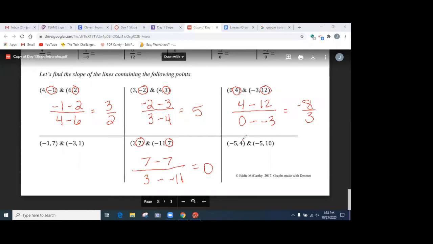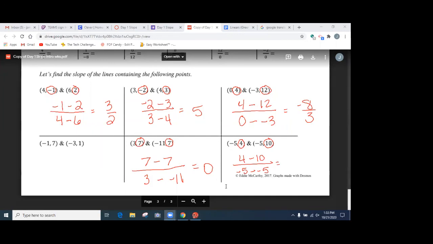All right. So right here, we're going to take care of the y's. So we're going to go 4 minus 10. And then 4's buddy is negative 5. Now notice that now the x's are the same.